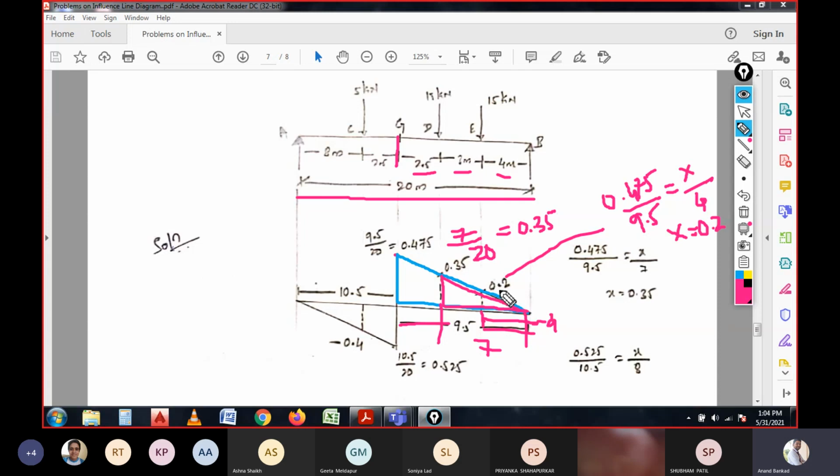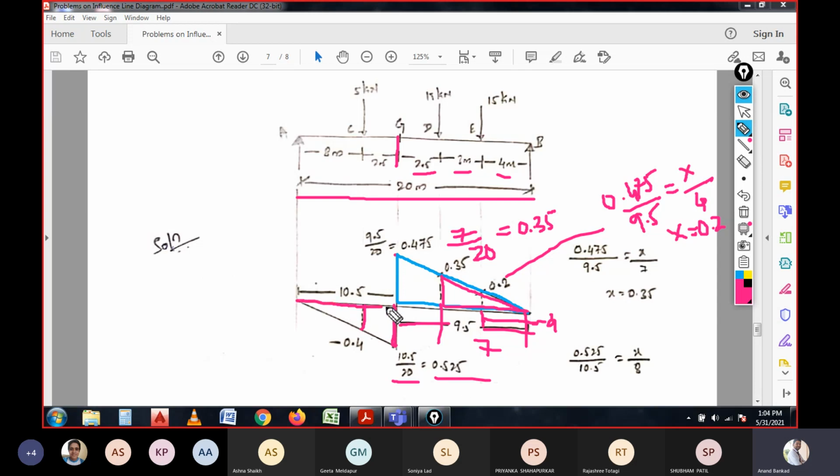So this is how the x value is obtained, and at the same time it is also calculated here. How is it calculated at this point? At point G, the total length is 10.5. In the total span, 9.5 is on the right side and the remaining is 10.5. This 10.5 out of a total length of 20 gives 10.5 by 20, which is 0.525. So we consider the coefficient at this location for the total span, 0.525.